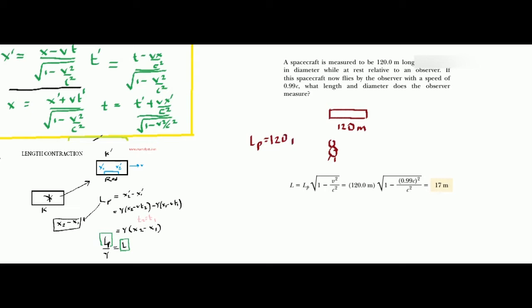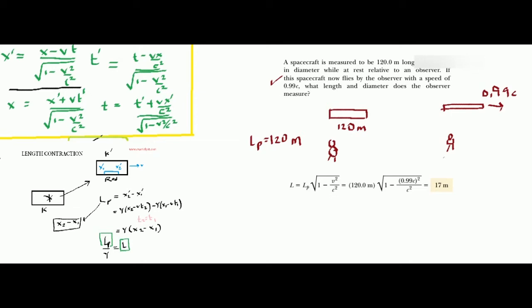Now suddenly there is another observer here. He is also stationary, but he sees the spacecraft moving at a velocity of 0.99 c. It is given that the spacecraft now flies by the observer with a speed of 0.99 c.